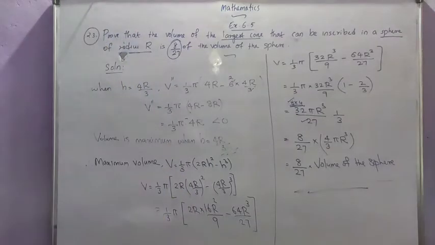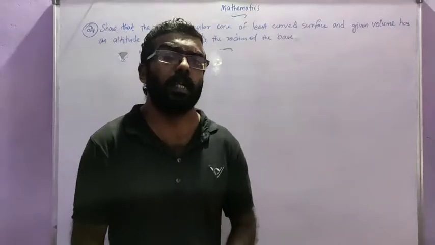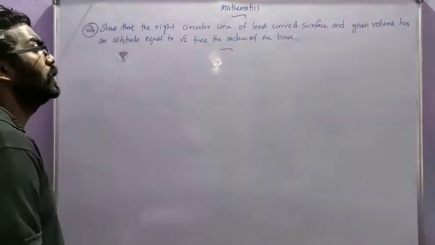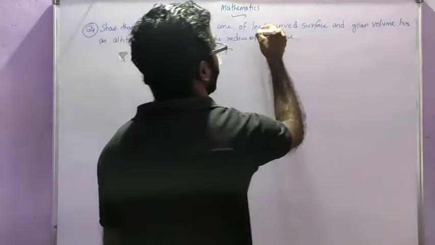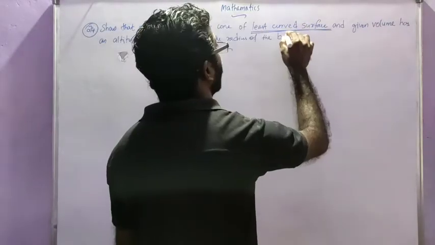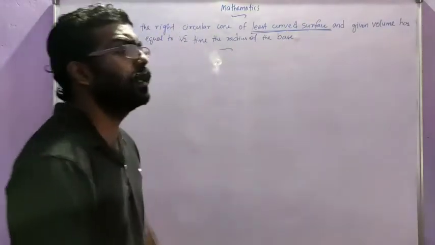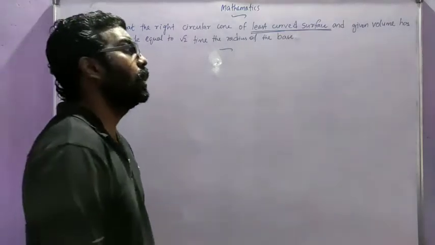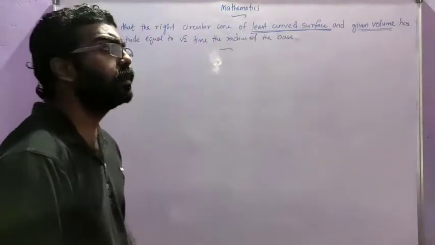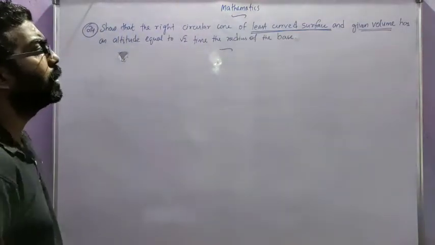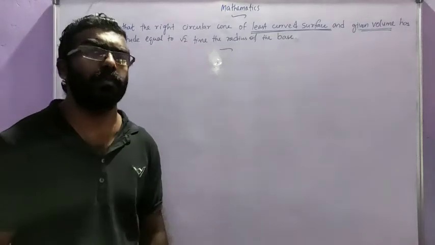Understood? And the next question is, show that the right circular cone of least curved surface area, that means minimum, and given volume, which means volume is fixed, constant, has an altitude equal to root 2 times the radius of the base.